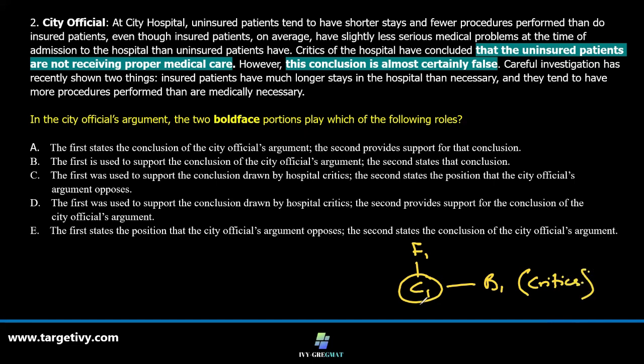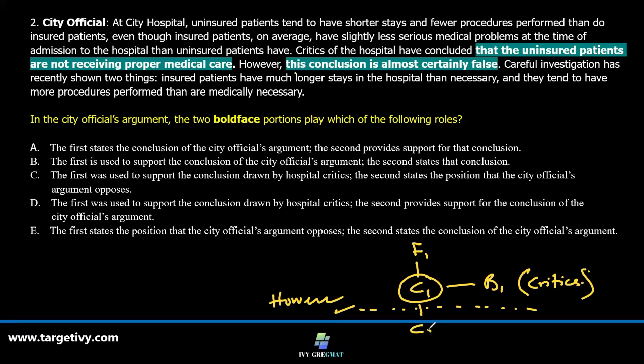This is followed by another fact, followed by "however", which demarcates this argument. And there is another fact here, fact 2. Sorry, and then we are having a conclusion here. However, this conclusion is almost certainly false.